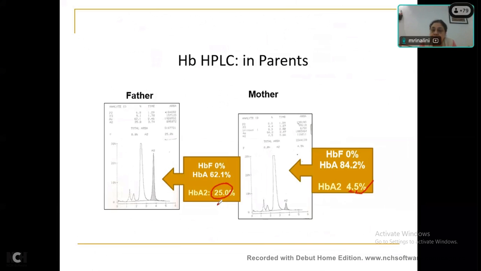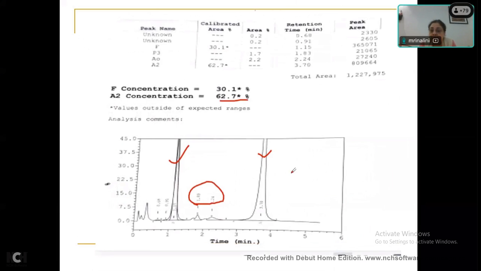Okay, so what is the diagnosis now? It is double heterozygous HbE beta thalassemia. That is why this patient is presenting with a transfusion-requiring anemia, or a Thal intermedia clinical phenotype. Thal intermedia is a clinical word. It's not a word based on the genotype.